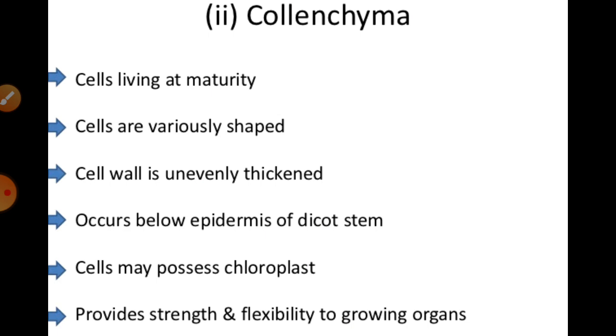And if we talk about the functions of the collenchymatous tissues, these tissues perform very well in the plants. They are capable of providing mechanical support to growing plants, or the young stems or young petioles of the leaves, meaning they give mechanical support to the stem of a newly growing plant and also to the petiole of the leaf. Also, this collenchyma is capable of doing the process of photosynthesis in the plants.